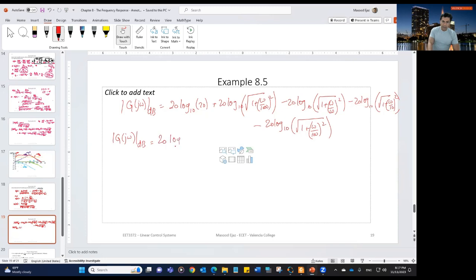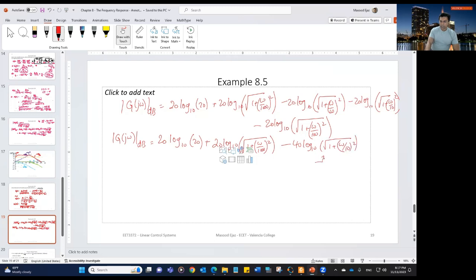So you have 20 log 10 of 20, plus 20 log 10 of the square root of 1 plus omega over 1000 squared, minus these two terms. I'm going to add them to 40 log 10 of the square root of 1 plus omega over 10 squared.